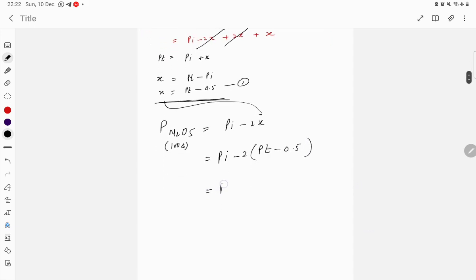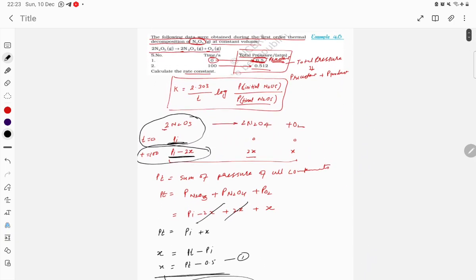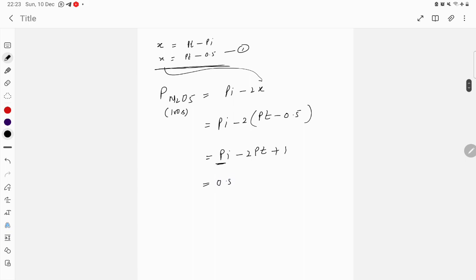So here what will be there, student? Pi minus 2 Pt, minus into minus plus, this will be 1. Here you see, student, the Pi value you know very well. What is the Pi value? Here the initial pressure they have given is 0.5. So I am writing here, student, 0.5 minus 2 Pt plus 1.